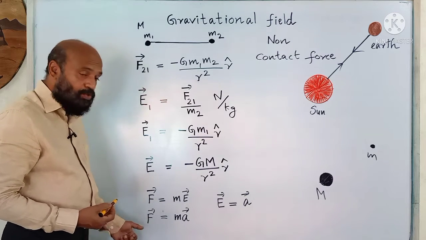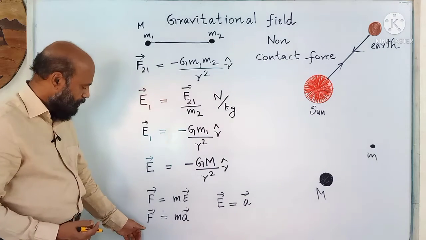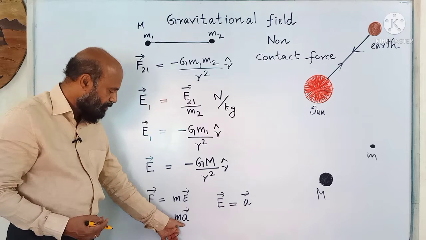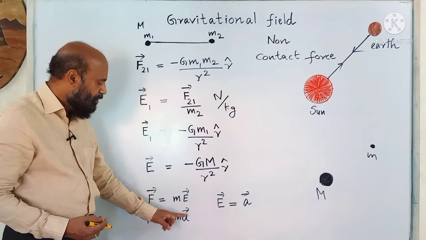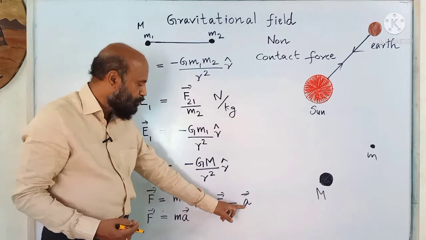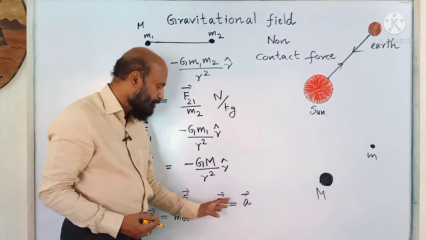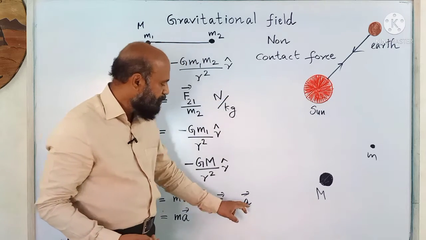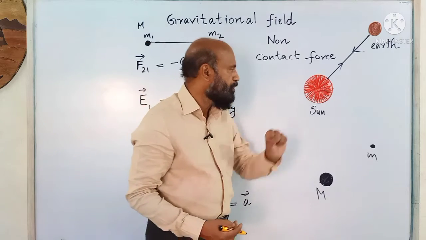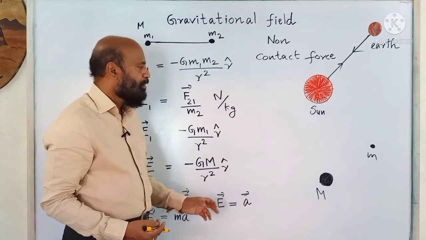Then according to Newton's second law, force is mass into acceleration. From these two relations we can write that intensity is equivalent to acceleration. These are two separate quantities. Intensity depends on the source and acceleration is the effect produced by this mass.